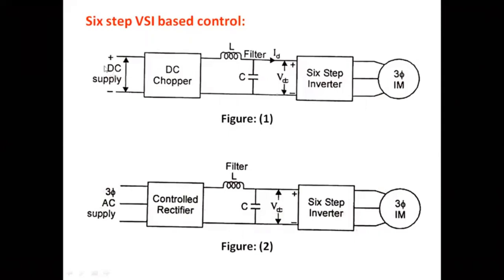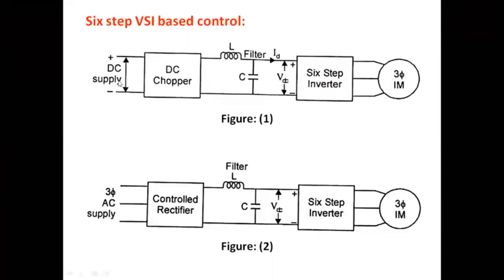I cannot get it directly because I have a fixed DC supply, and I require variable DC. To get variable DC from fixed DC, we use a chopper. So here external voltage control is done in the chopper circuit.